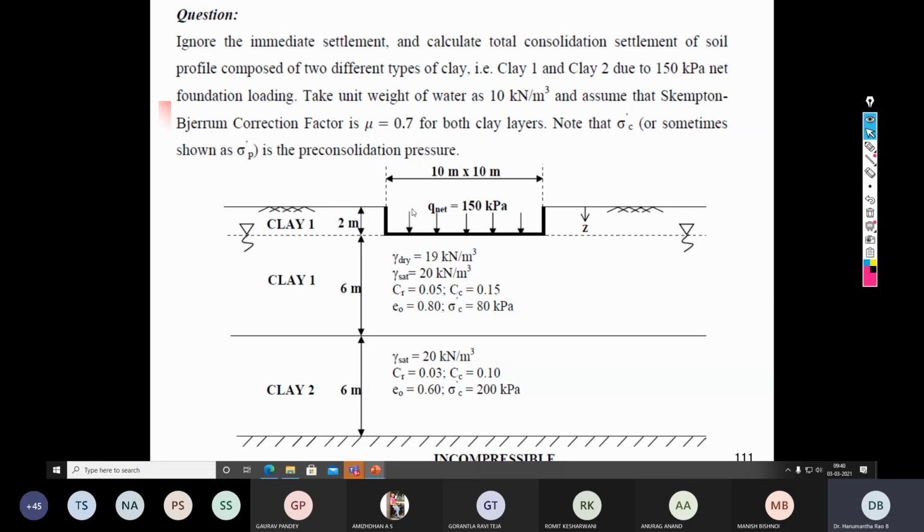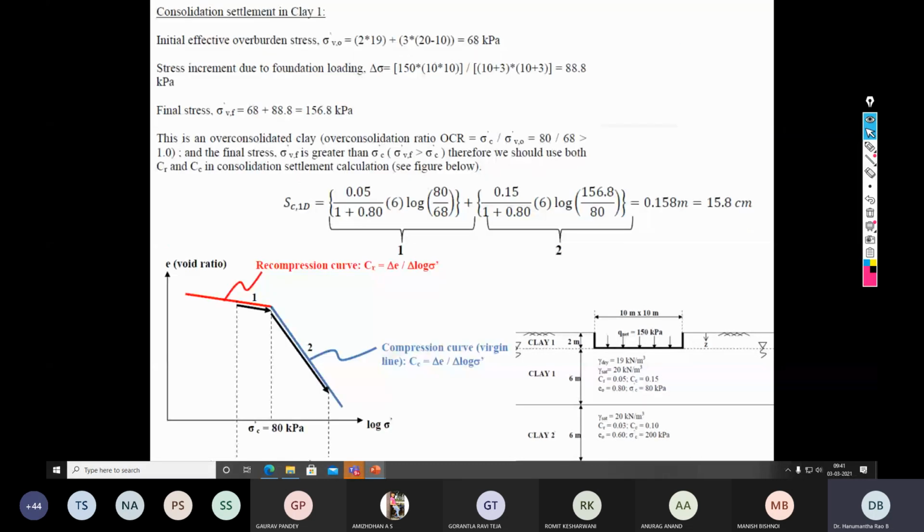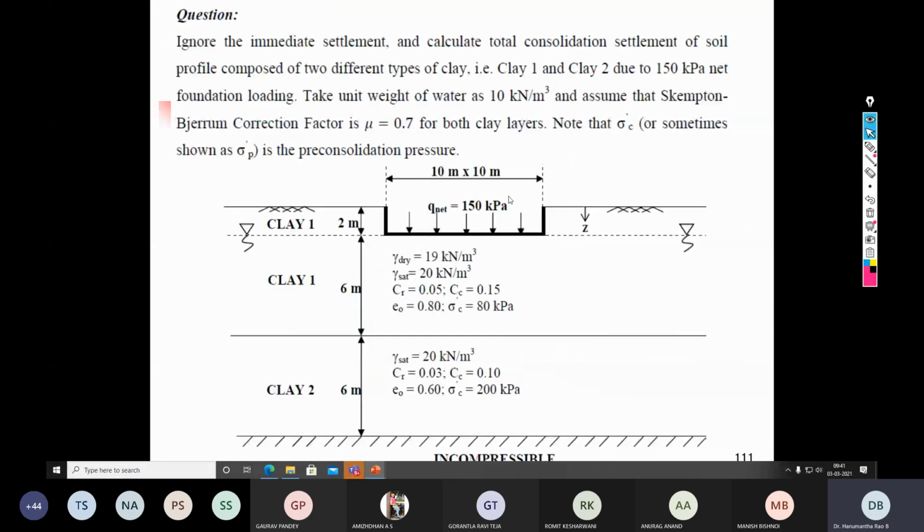Again I repeat, this Q net is coming from the column side, not from the soil side. A pressure of 150 kilopascals is coming onto the soil due to the column load. This is not the soil bearing pressure.